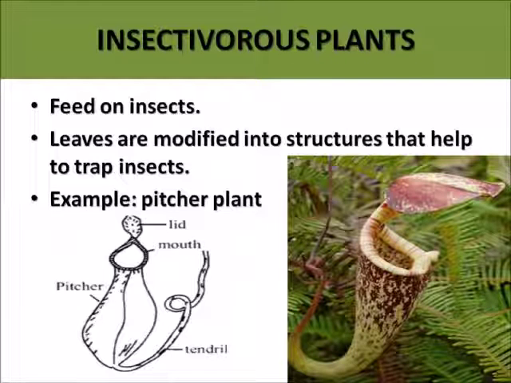Like whenever we eat anything, it gets digested because we have certain digestive enzymes present in our body. Similarly, inside the pitcher a lot of digestive fluids are present. So as soon as the insect falls inside the pitcher, the insect gets digested by these fluids.